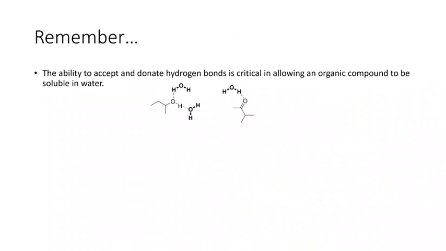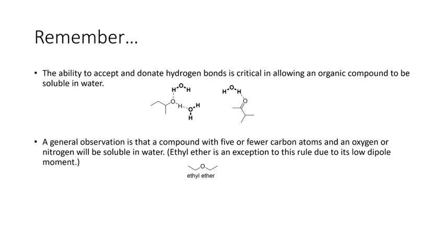Okay, so what have we got? Remember, the ability to accept and donate hydrogen bonds is critical in allowing an organic compound to be soluble in water. A general observation, not really a rule, is that a compound with 5 or fewer carbon atoms and an oxygen or nitrogen will be soluble in water. Ethyl ether is an exception to this rule due to its low dipole moment.